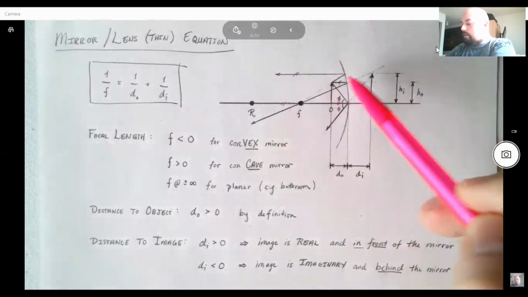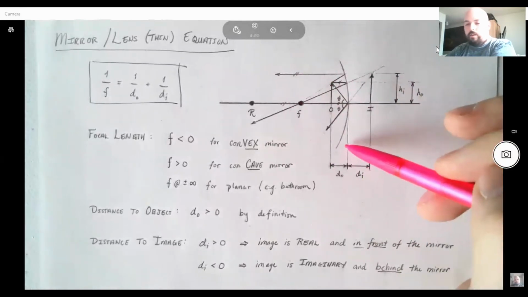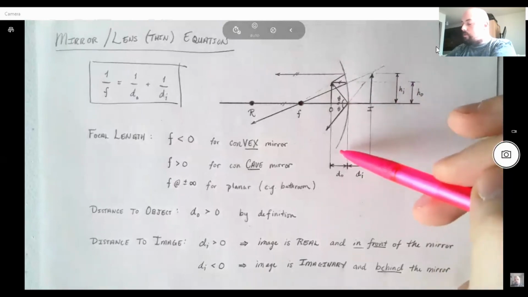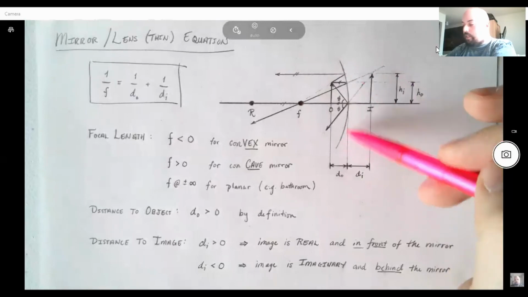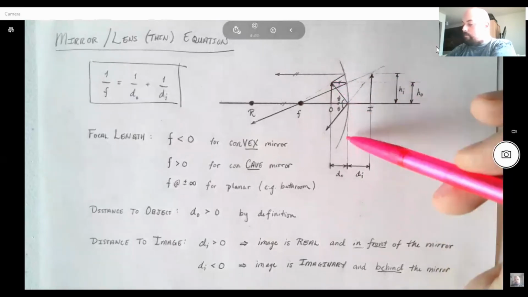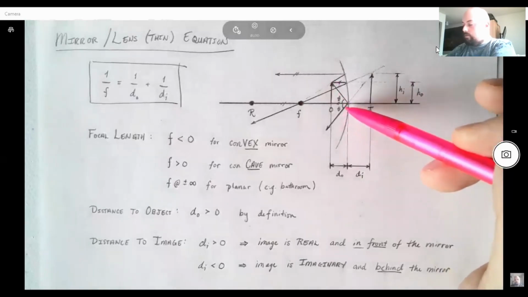Note that when you guys talk about mirrors, the law of reflection is always discussed in terms of mirrors. The law of reflection just states that a ray of light incident upon a mirror will be reflected at the same angle as its incident angle, right?